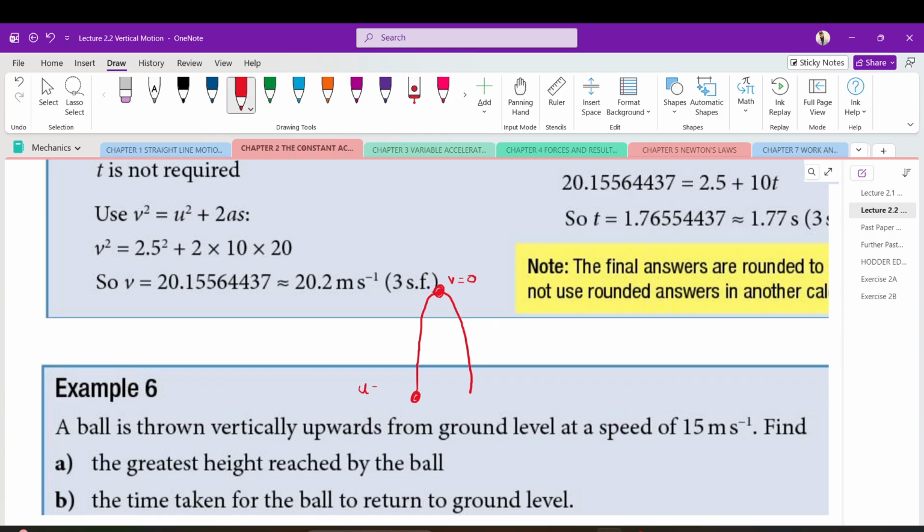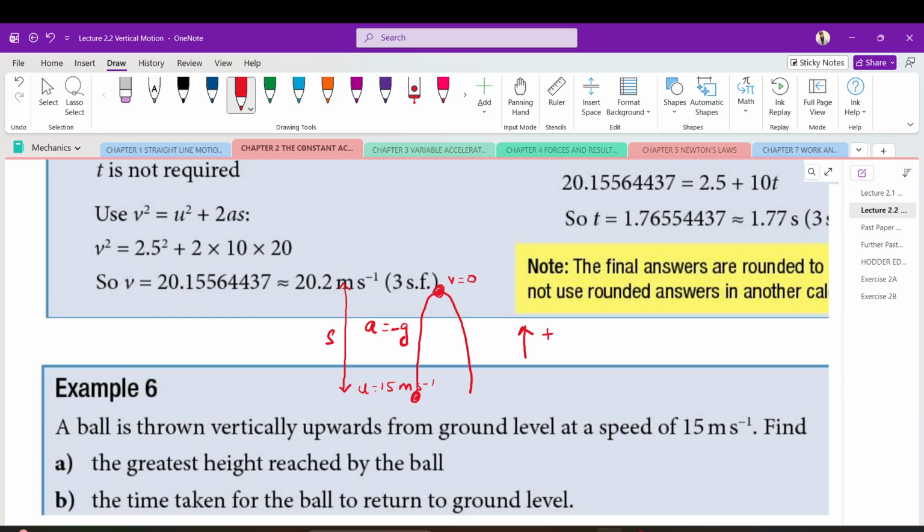So let's say u is equal to 15 meters per second, and you need to find the greatest height that the ball has reached. So that is s that we need to find. What fourth variable can we take into account? Since this is a vertical motion, we can take acceleration to be minus g, because our direction of motion is upwards.